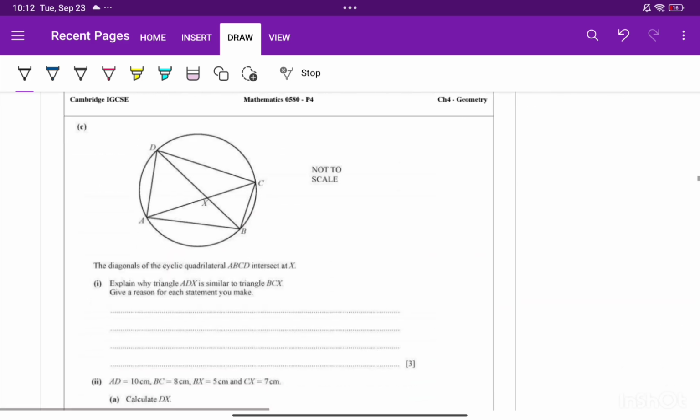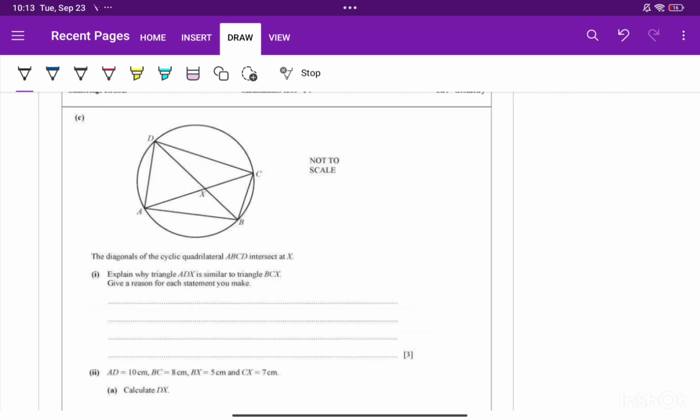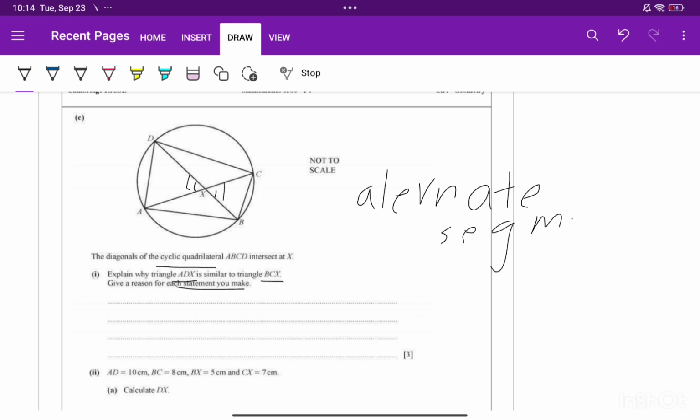Now let's move to part C. The diagonals of the cyclic quadrilateral ABCD intersect at X. Explain why triangle ADX is similar to BCX. Give a reason for each statement you make. So this is easy. These two angles will be the same because of the alternate segment theorem.